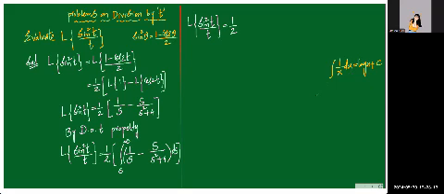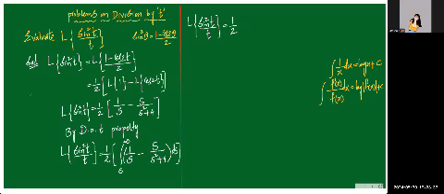Similarly, one more formula I am using here: integration of f dash of x by f of x dx is equal to log of f of x. When differentiation of the denominator is the numerator, then the answer will be log of the denominator.